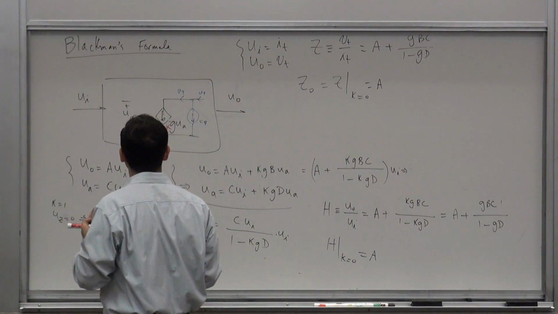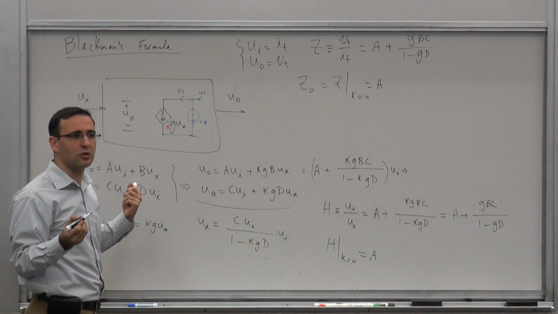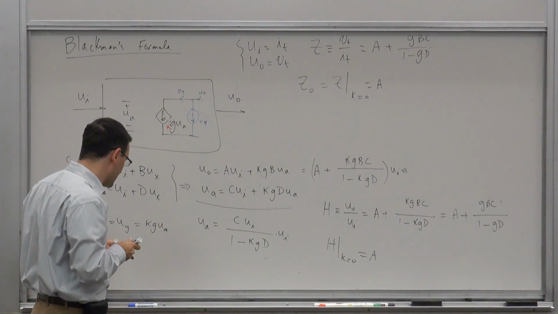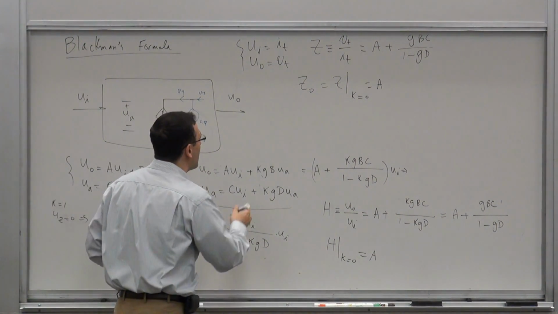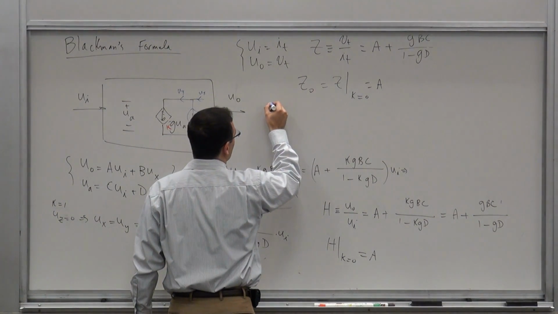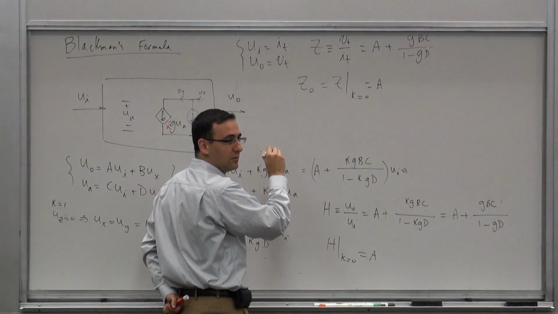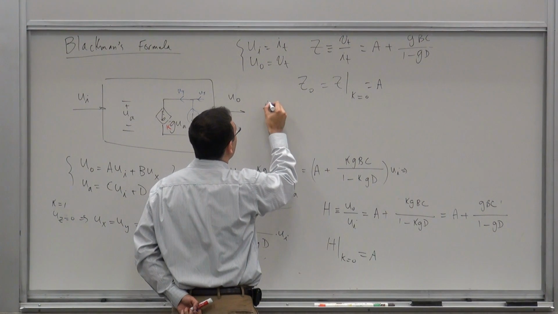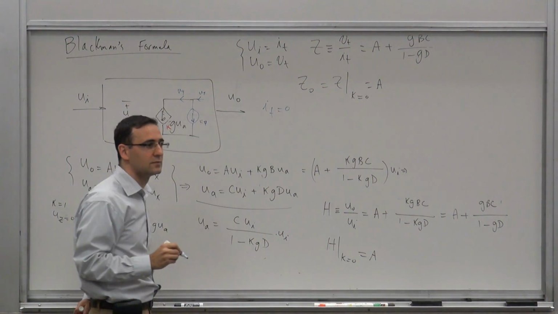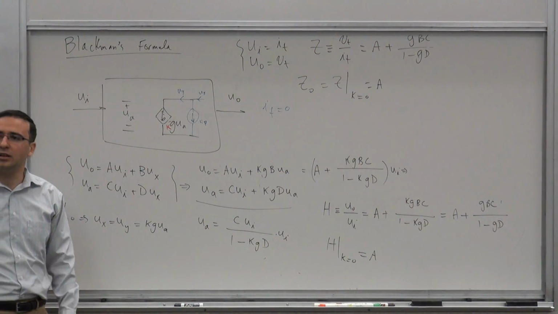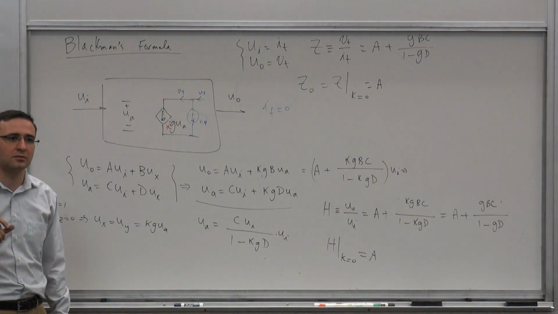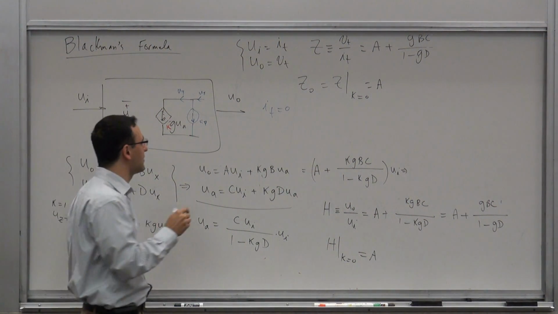Now I can determine the return ratio under two sets of conditions. One is the return ratio when one of these variables is 0. Let's say I determine the return ratio when I of t is 0. What does that mean? If the current of a port is 0, it's open circuit.